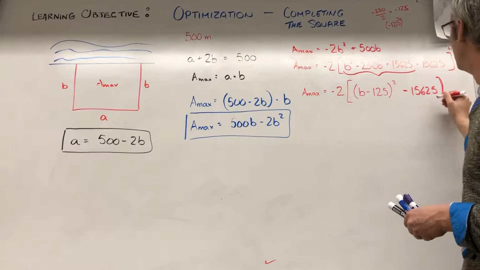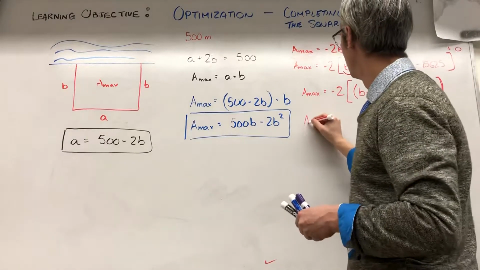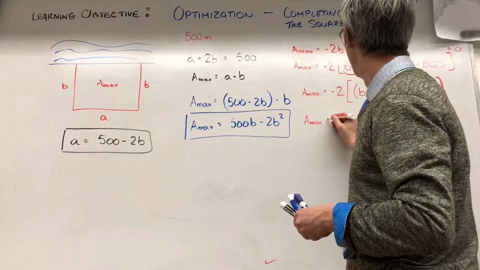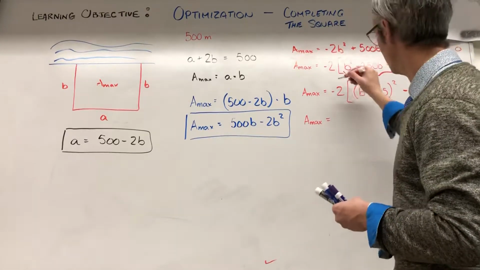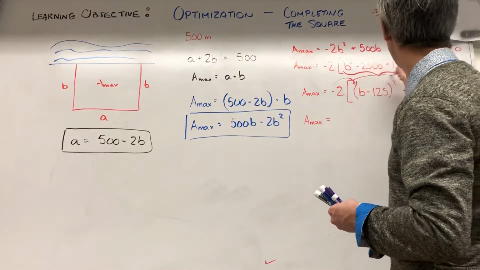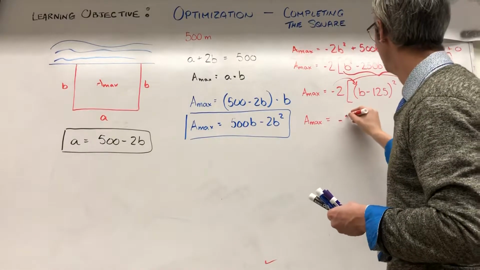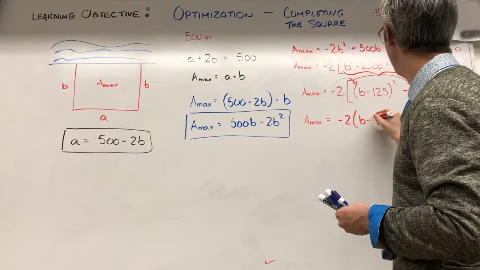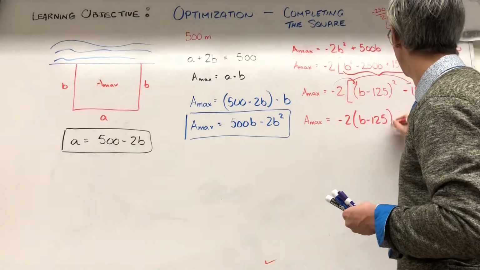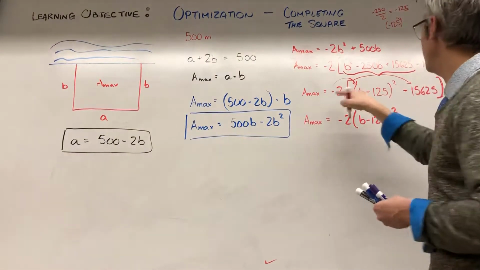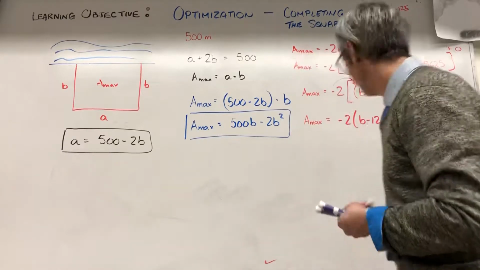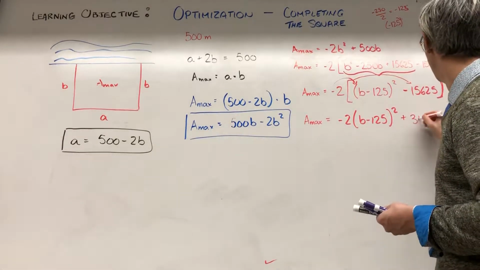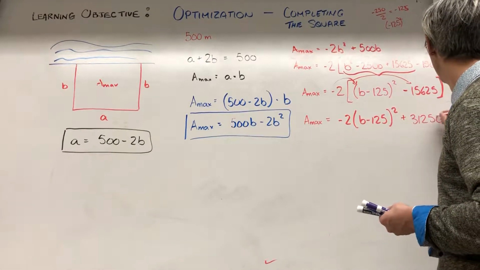And then I get A max is equal to, now I can distribute this negative 2, multiply this out here and out here, so I get negative 2 times B minus 125 squared, and then negative 2 times negative 15625 is plus 31,250.